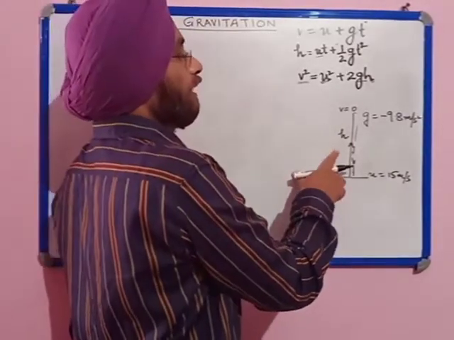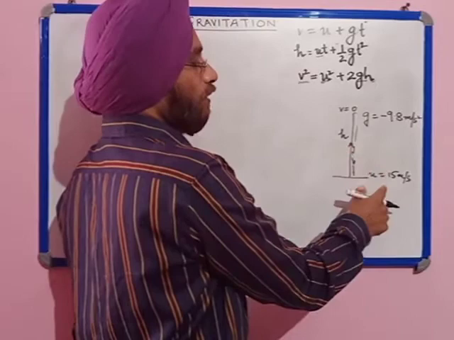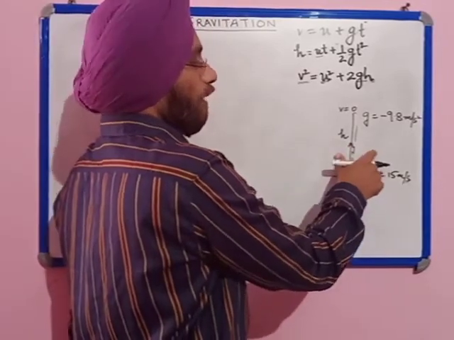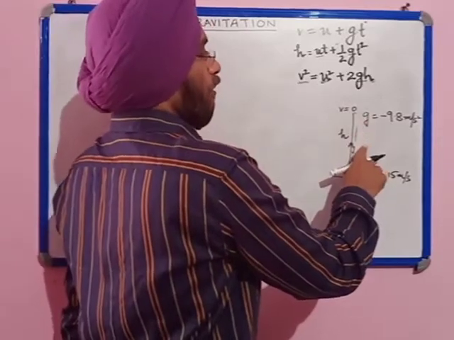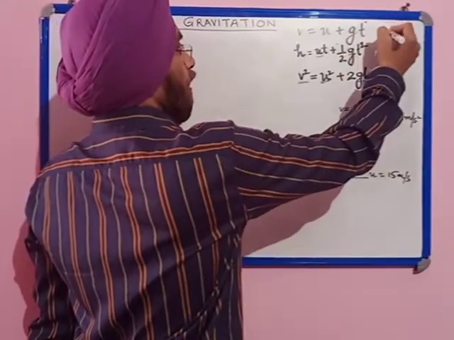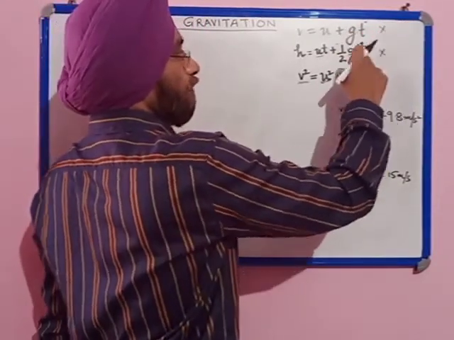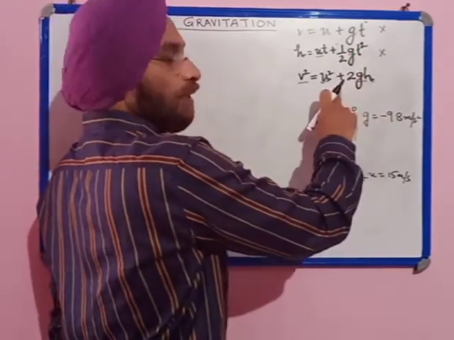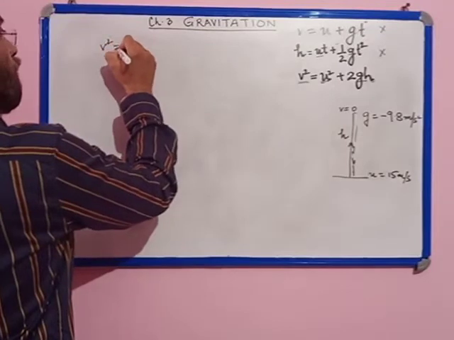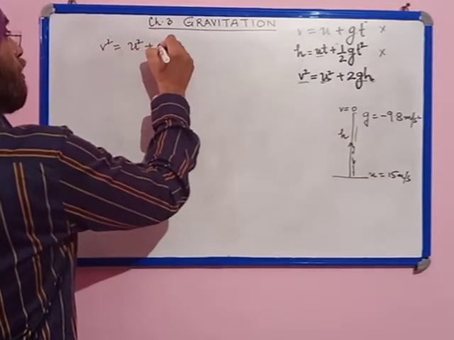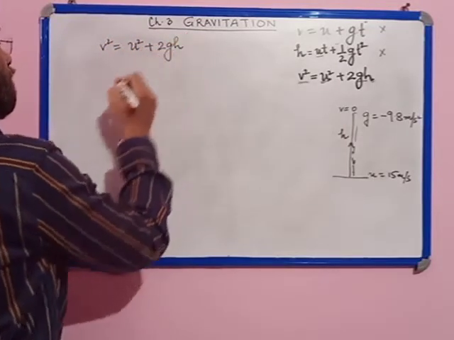Initial velocity is given, h we have to find out, and time is not given. So we will discard these two equations which have time, and we will use this third equation, v square is equal to u square plus 2gh.